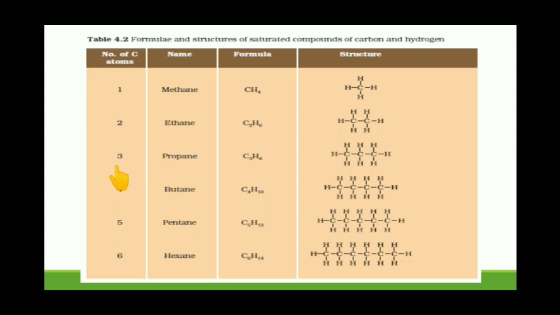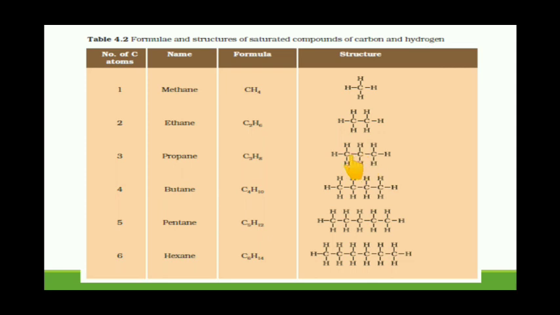If the hydrocarbon contains 3 carbon atoms, then what will be the prefix? Yes, it is prop. And if it is the alkanes family, then the suffix will be ane. Then it is propane. So it contains 3 carbon atoms, and 3 carbon atoms are linked with the single covalent bonds.